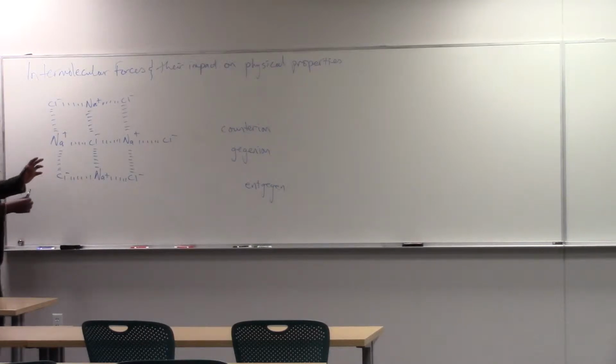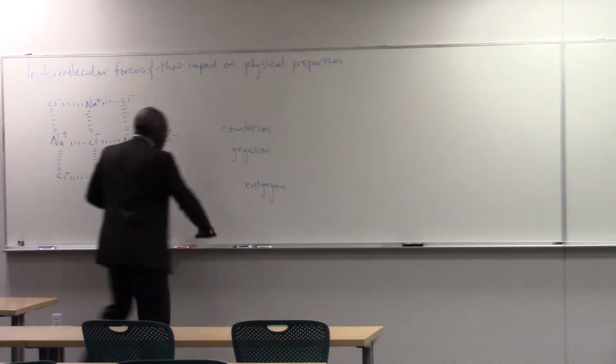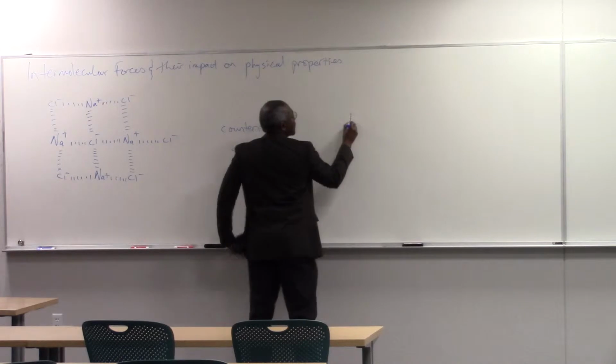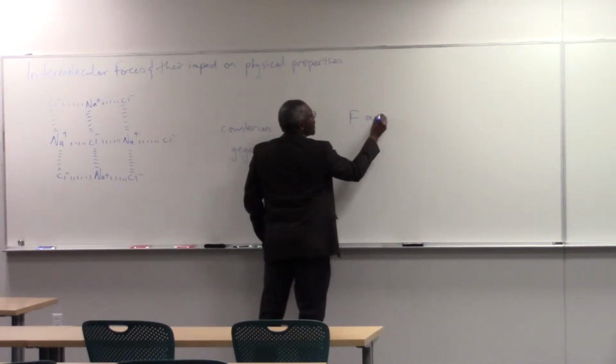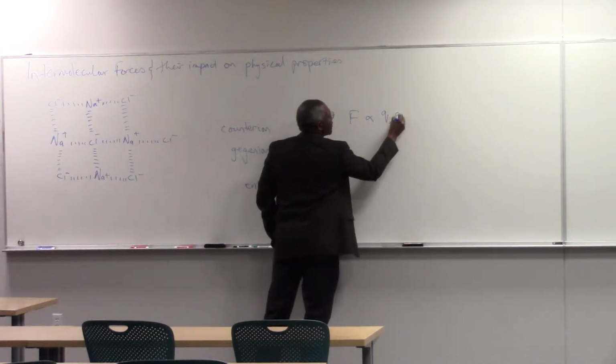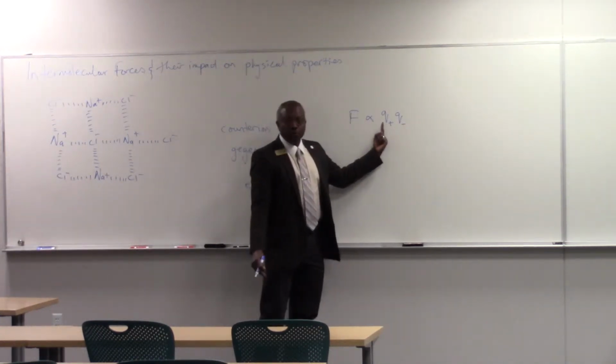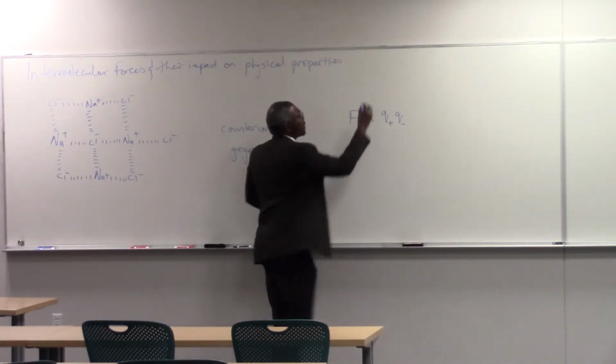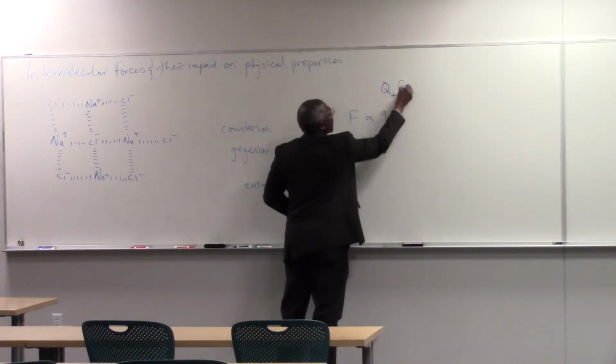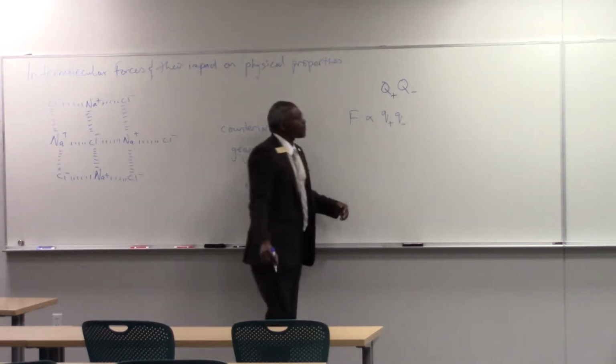If you remember this equation, the force of attraction depends upon the sizes of the charged particles. Q is a symbol for charge, and some people use uppercase Q; it doesn't really matter.